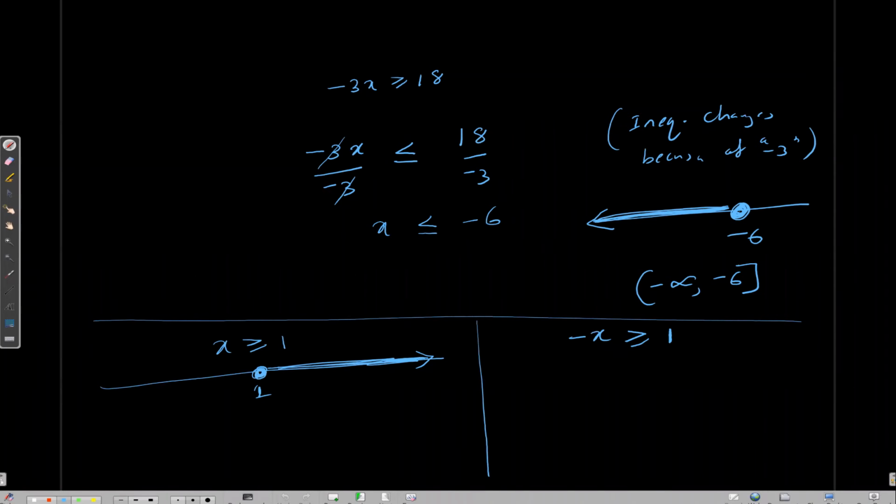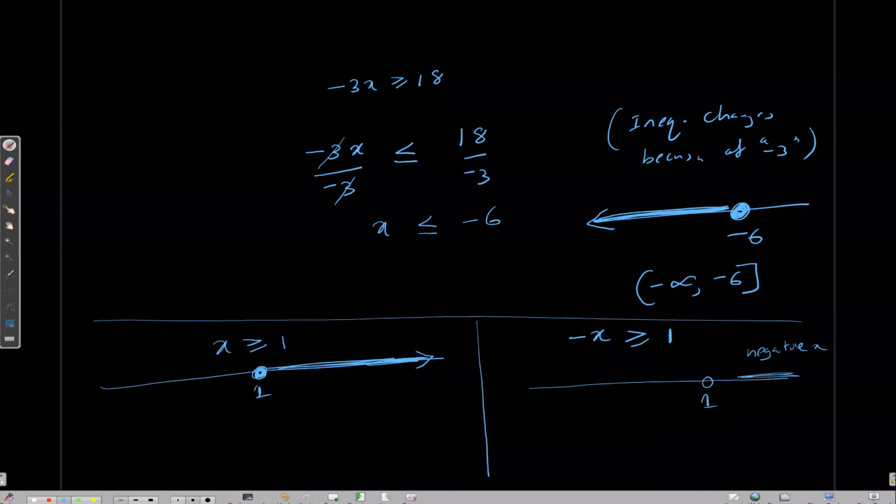But without that technicality, just try to think about it. x is a variable, and the negative of that variable is always greater than 1. So let's say 1 is somewhere here. Negative x lies here, right?